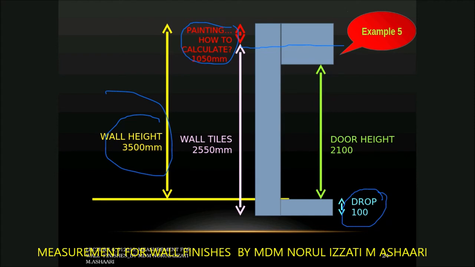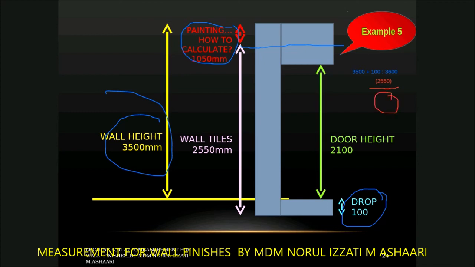So 3500 plus drop. And after you get this answer, 3600, what you need to do? You have to deduct the wall tiles. So here, red color pen, you have to deduct 2550. Then you get the balance of the area.